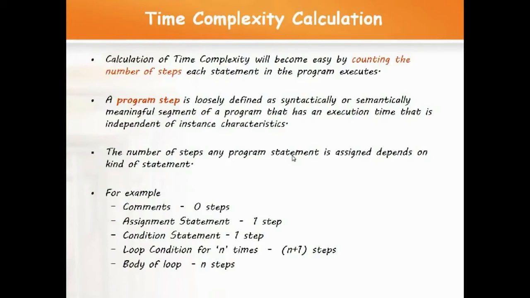When a loop takes n plus 1 steps, the body of the corresponding loop will execute for n steps. Based on this number of steps for each program statement, we can calculate the time required for an algorithm.